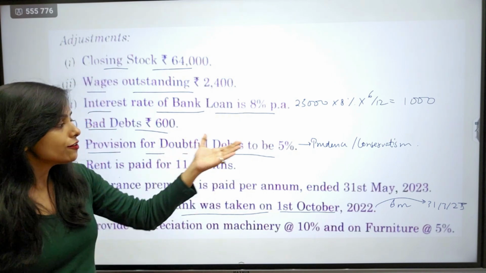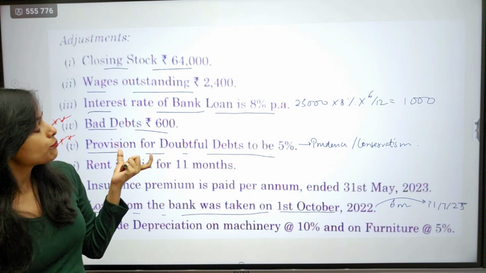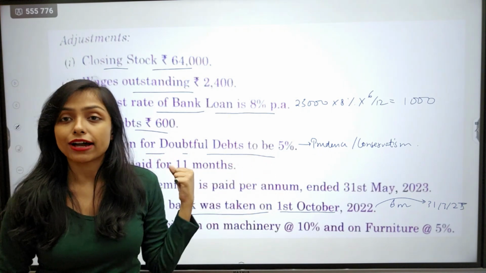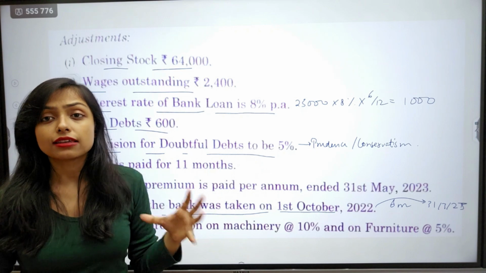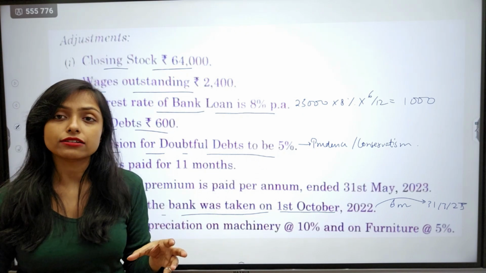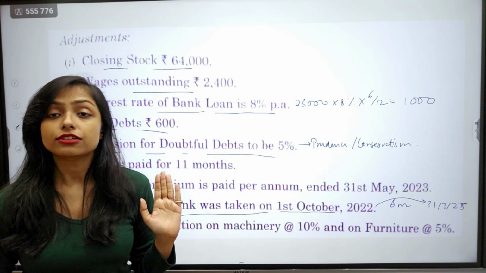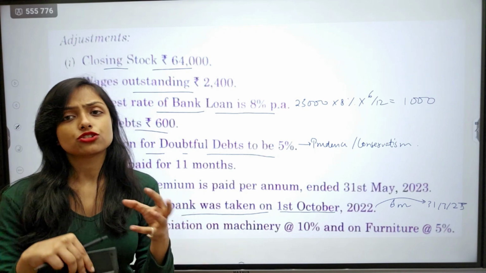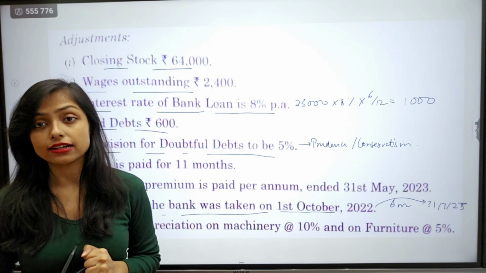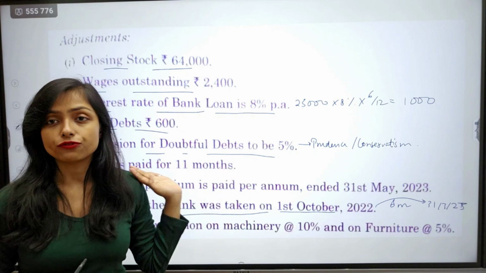So this 5% that you are seeing, provision for doubtful debts to be made at 5%. I am just thinking that out of my sundry debtors, I think 5% might default in future. So let's just preserve some amount beforehand and get prepared for this future loss.